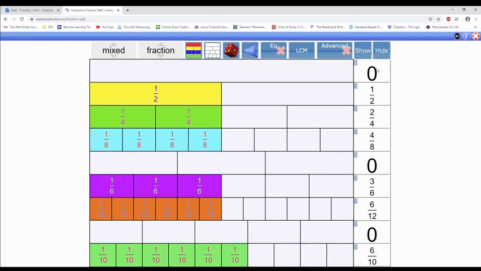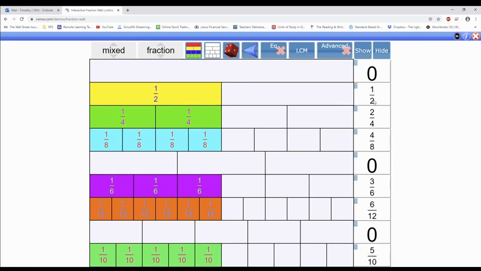Okay, so now you can kind of see along the side here, there's 3 big zeros there, but you want to focus on 1/2, 2/4, 4/8, 3/6, 6/12, and 5/10. You can see they all take up the same amount of space perfectly. The other thing you want to start to notice is the patterns between the numbers here.